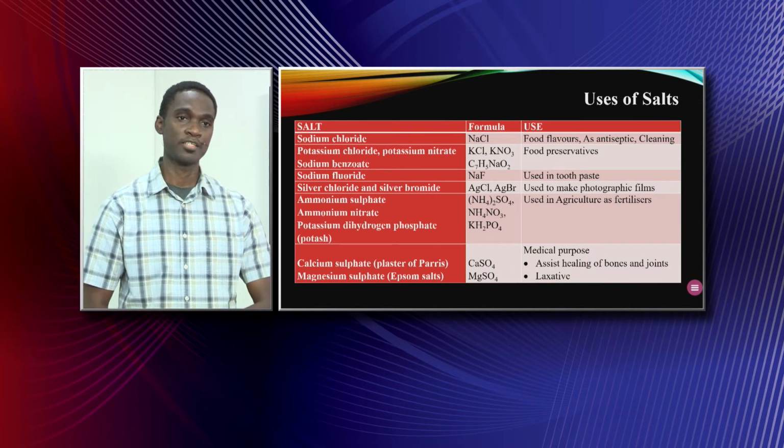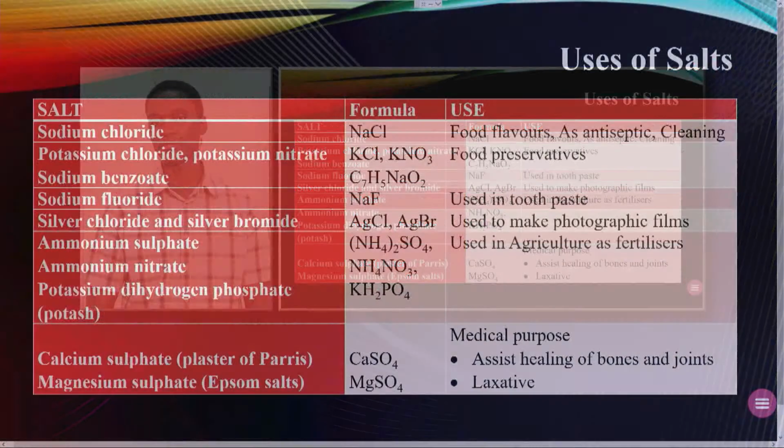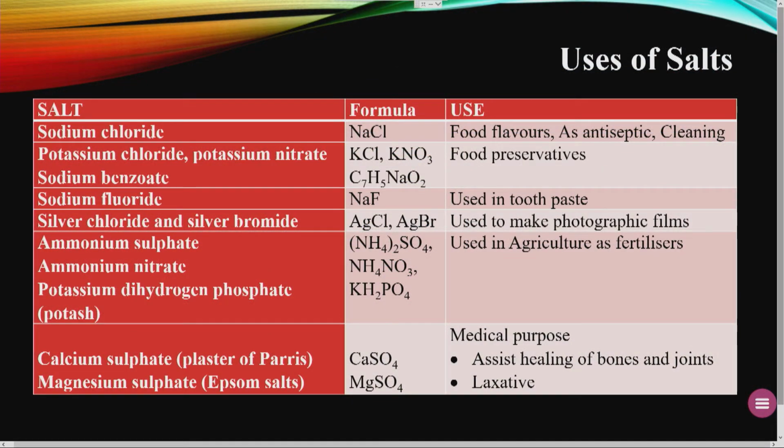Salts are widely used in various industries, in our homes, and society. We will begin with sodium chloride, which we know to be common salt, NaCl. In our homes it is used to flavor food, as an antiseptic, and as a cleaning agent.